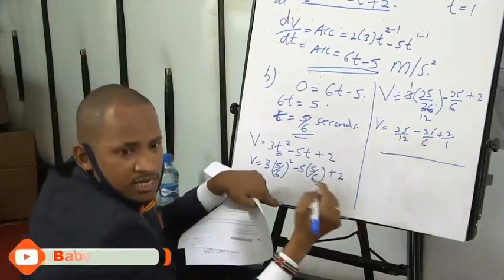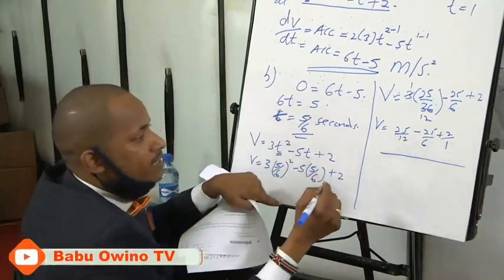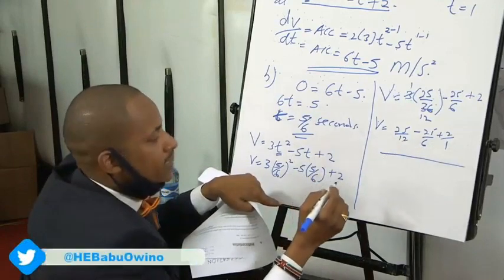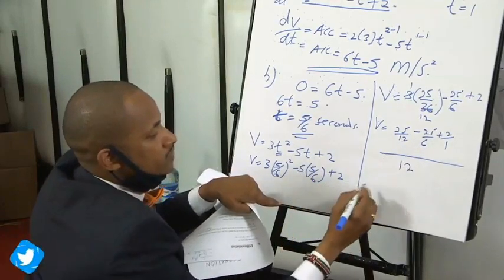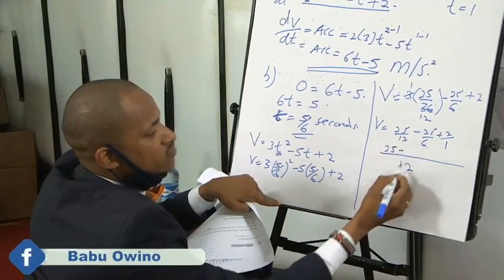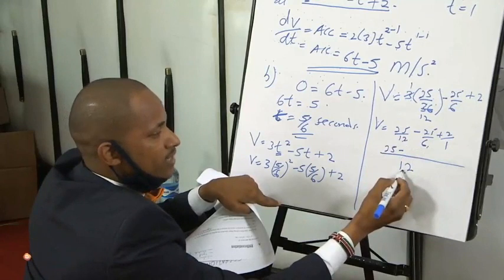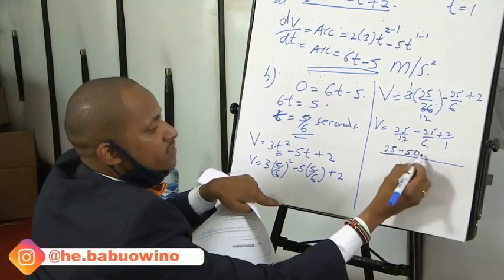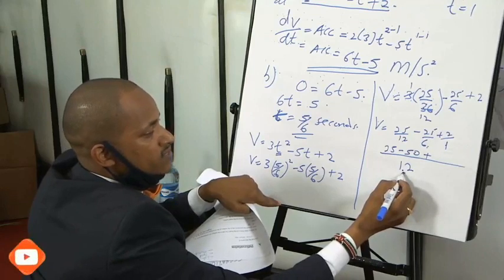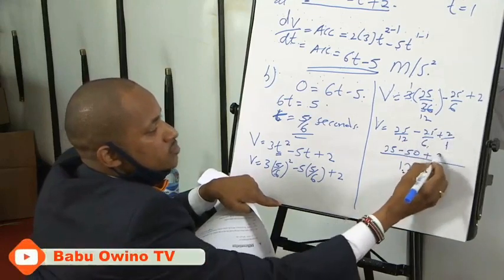You can either use a calculator to solve this or get the LCM of 12, 6, and 1, the least common multiple, which is 12. 12 goes into 12 once, times 25 is 25, minus 12 into 6 is twice, times 25 is 50, plus 1 goes into 12 twelve times, times 2 is 24.